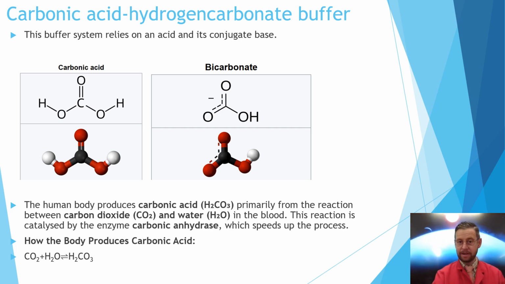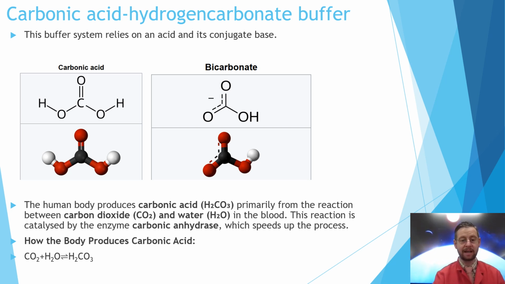Well, your body does it with buffers. In fact, the particular buffer is carbonic acid hydrogencarbonate buffer. And so hydrogencarbonate, you can see it on that left-hand side, it has got this double bonded O on one side and an OH on the other side.